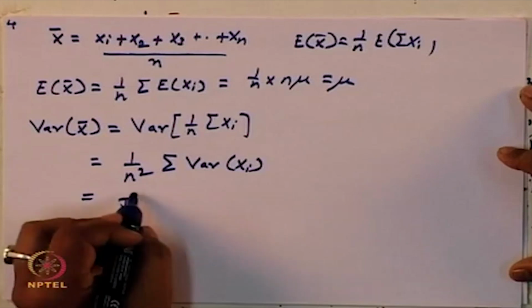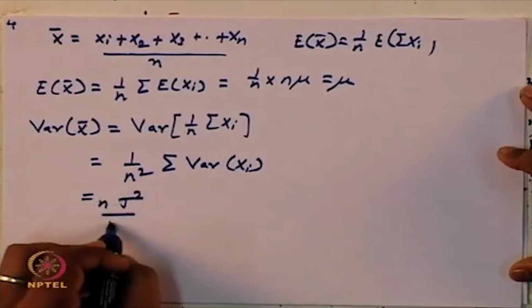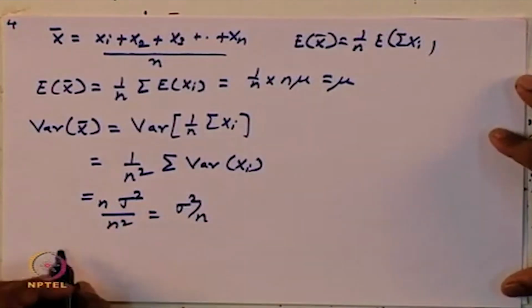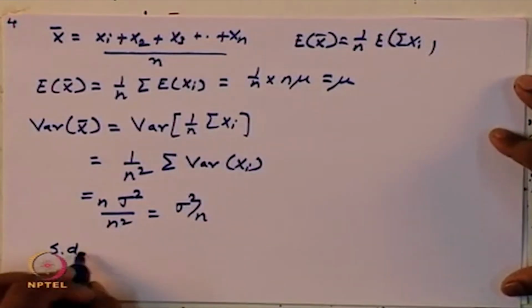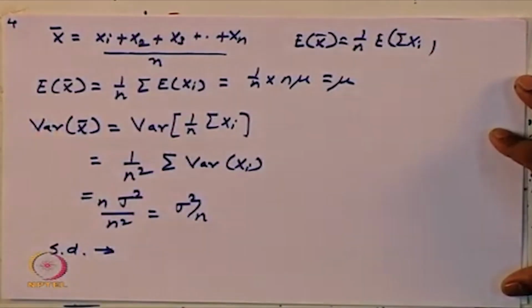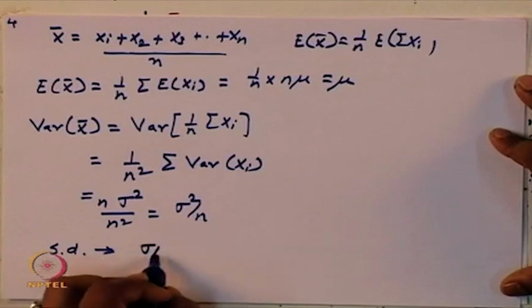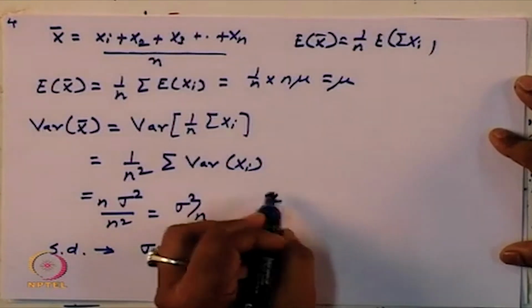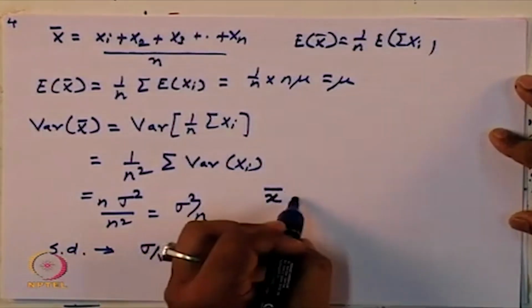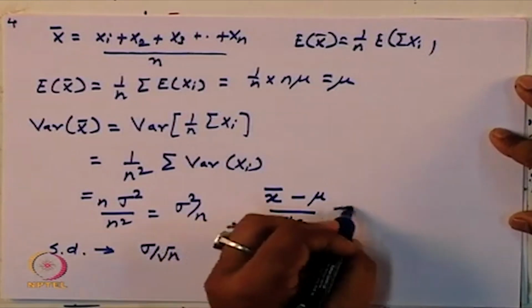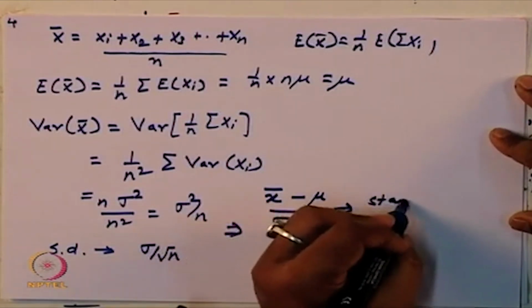So, you have sigma square into n by n square equal to sigma square by n. Okay. So, this would mean that the standard deviation of the sample mean x bar is given by sigma by root n. So, this would mean the sample mean x bar minus mu by sigma by root n is a standard normal variable.